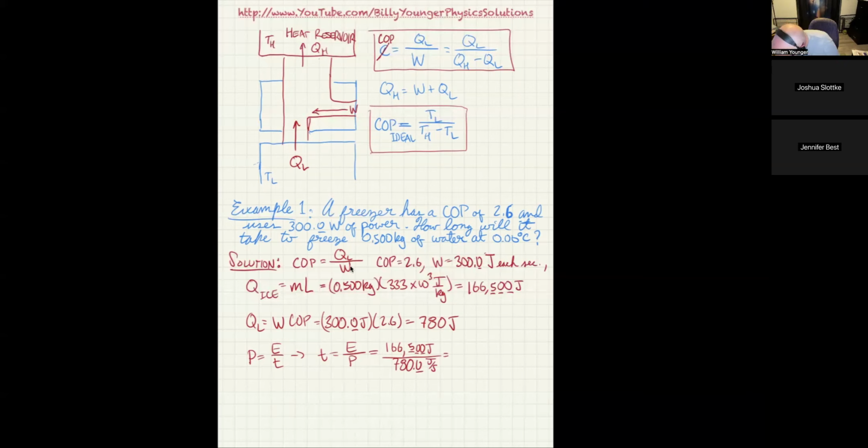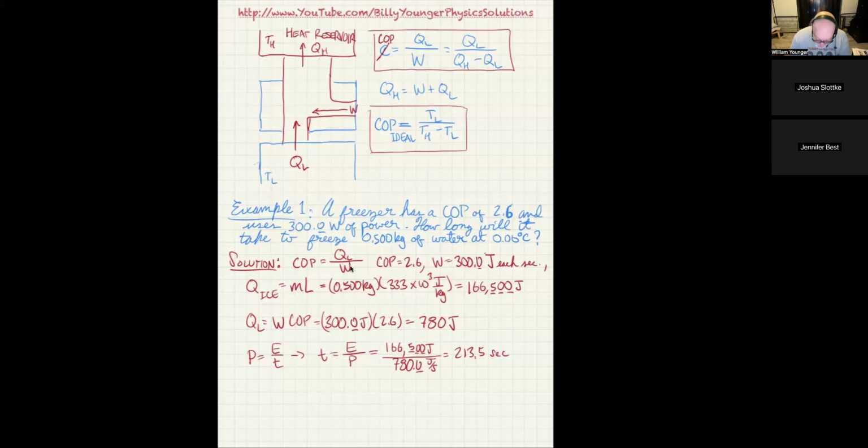So if I take this 166,500 and divide it by 780 joules per second, that gives me 213.5 seconds.